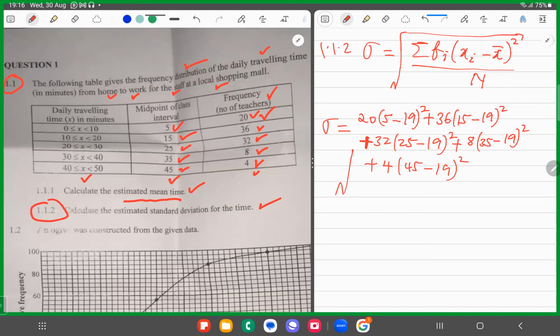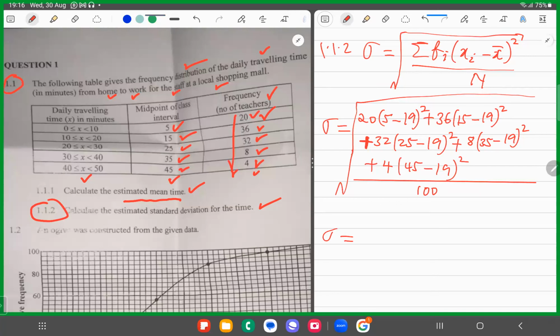So here you have the square root like this. So all these things here will be divided by what? Will be divided by n, the sum of all these frequencies, and we've already got the frequencies. They became 100, everything. When we add all these, we got 100.